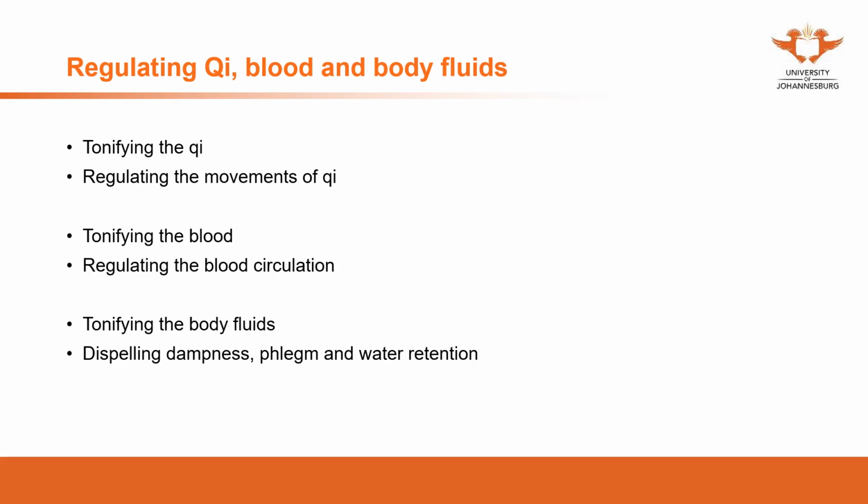And for the water metabolism, dampness, phlegm, and water retention are the pathological products of the pathogens. So these pathogens we need to dispel, to get them out of the body. That's how to regulate the body fluid.